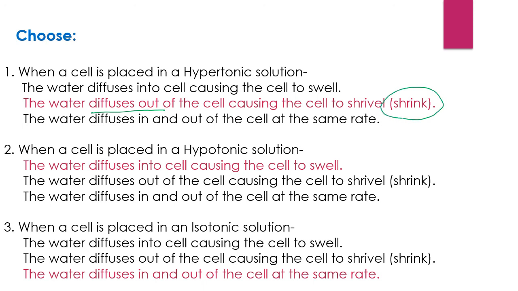When a cell is placed in a hypotonic solution, the water diffuses into the cell, causing the cell to swell. When a cell is placed in an isotonic solution, the water diffuses in and out of the cell at the same rate, so it becomes normal.